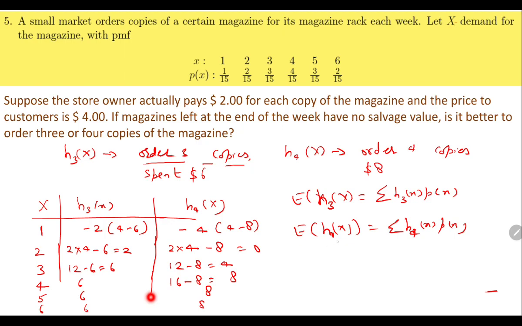Once you try it, you will realize that this comes out to be 4.93 and this comes out to be 5.33. It means the average revenue when he orders 4 copies is larger than when he orders 3 copies, and that's why it's better to order 4 copies.